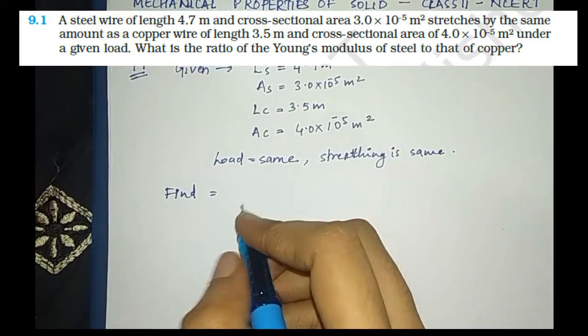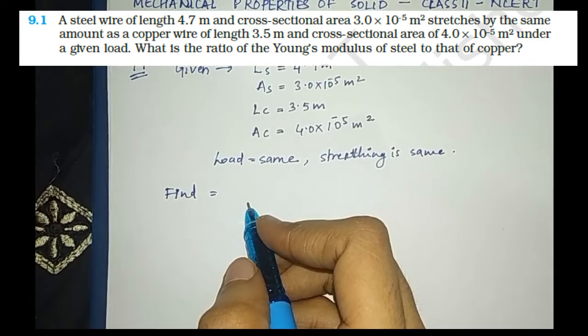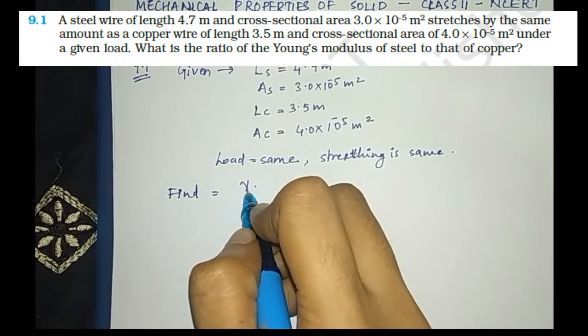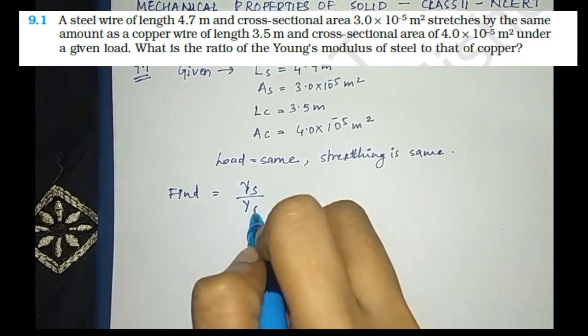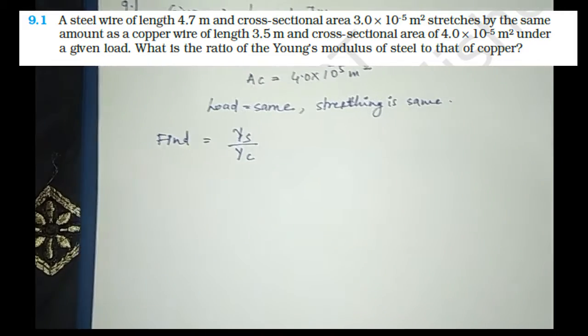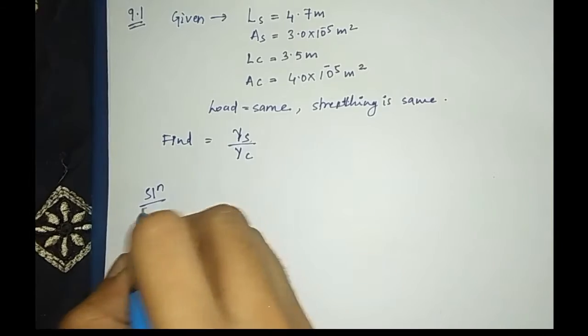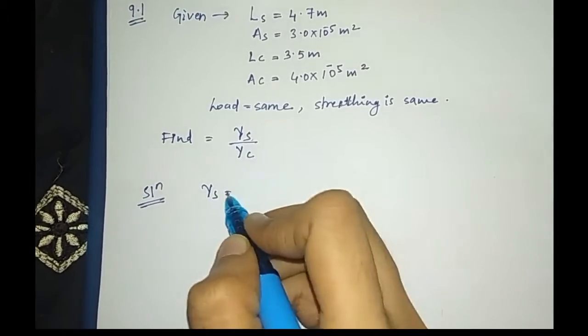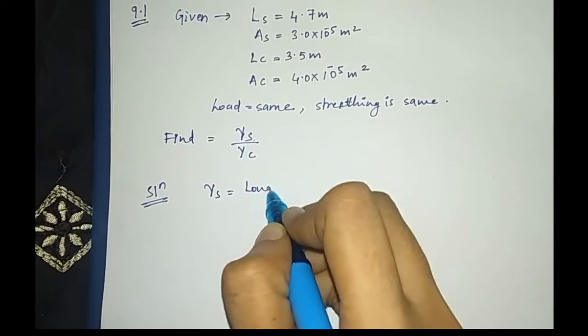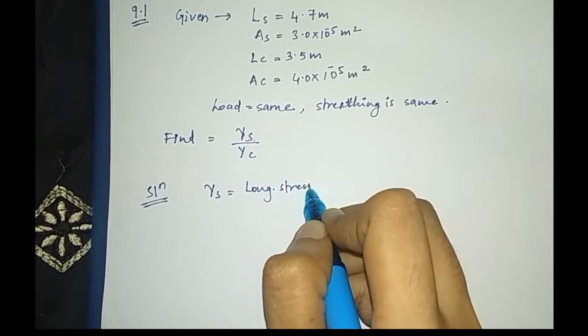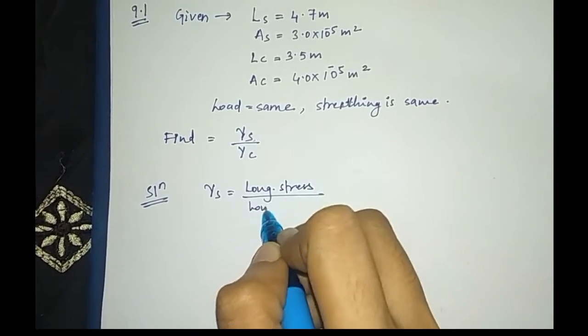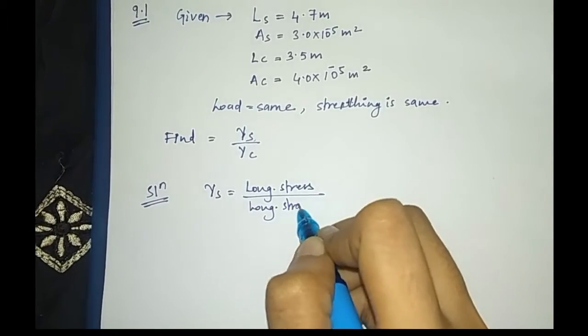What we have to find is the ratio of Young's modulus of steel to that of copper. So first we'll write the Young's modulus of steel. Young's modulus is nothing but longitudinal stress by longitudinal strain, right?